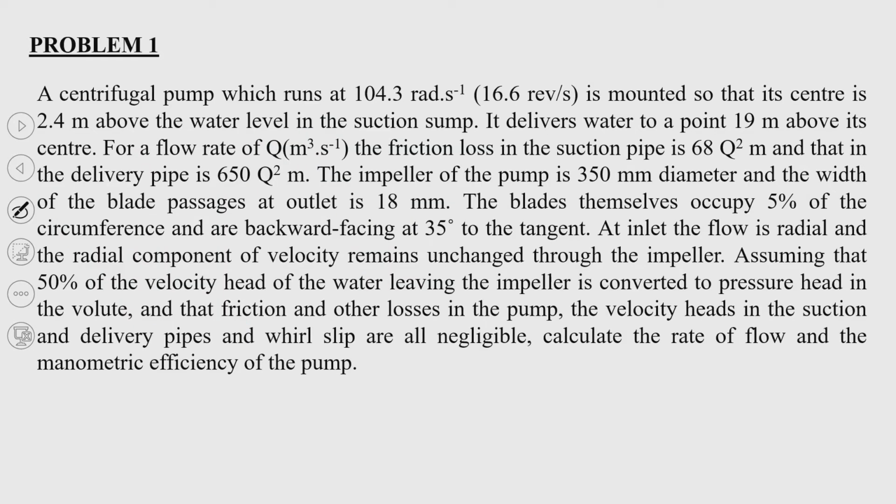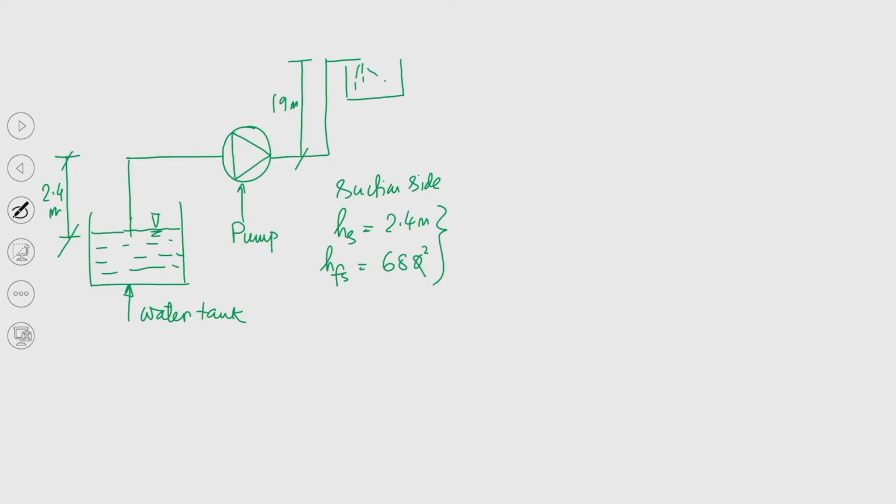Next is the friction loss in the delivery pipe, which is 650 Q square meter. So, if we write the pump delivery side, then HD equal to 19 meter and HFD, that is 650 Q square, right. So, we can easily write this from the problem statement.